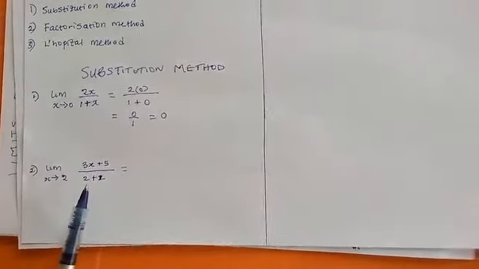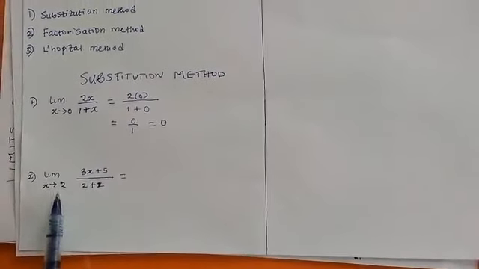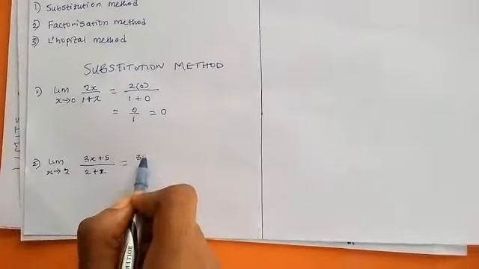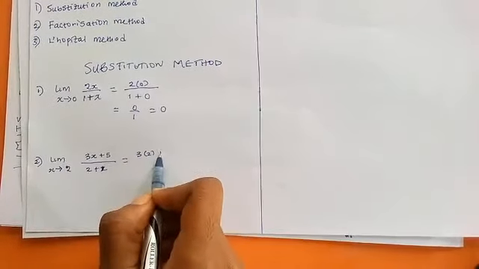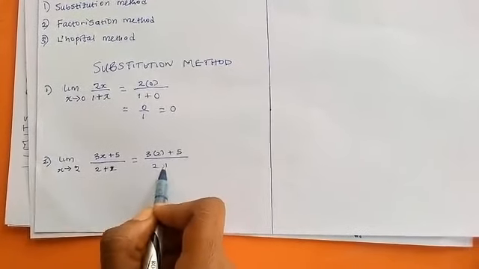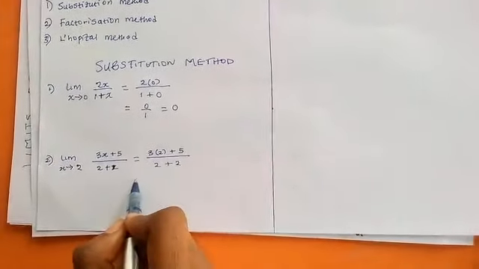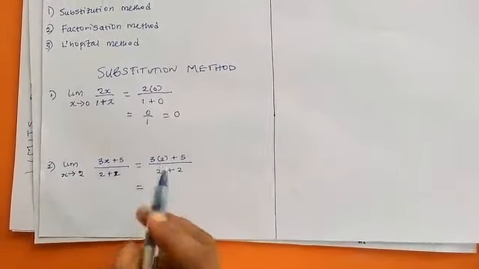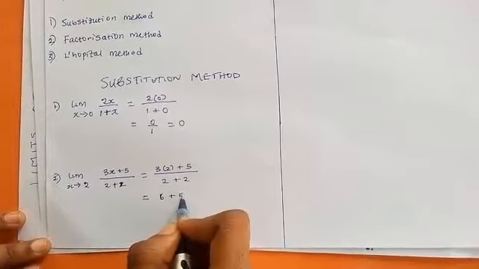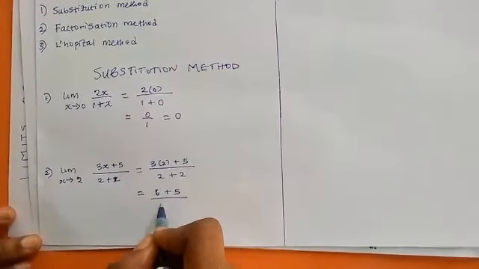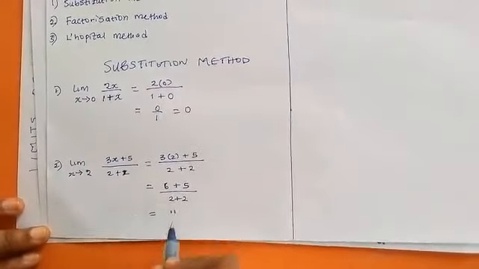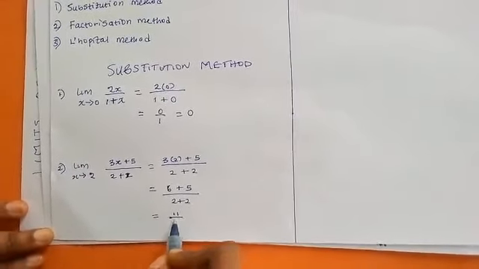So wheresoever we see x, we are going to substitute the value, which is 2. So we have 3 times 2 plus 5 over 2 plus 2. We have 3 times 2, which is 6, plus 5 over 2 plus 2, which is equal to 6 plus 5 is 11, and 2 plus 2 is 4.